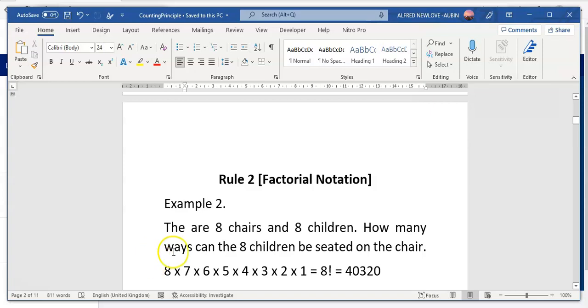So the first child can sit on it, or the second child, or the third, or the fourth. So there are 8 ways. Now the first seat has been taken. The second seat, how many ways?